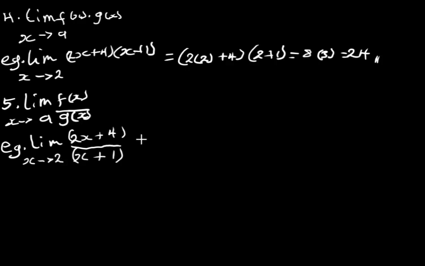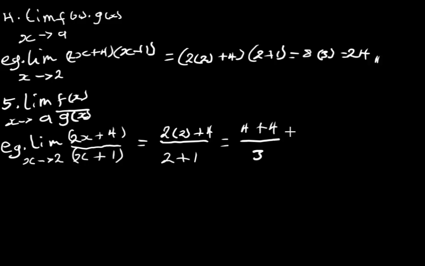So here the same way we are going to plug in 2 into the functions. So it's going to be 2 bracket open 2 plus 4, all divided by this x, so we place 2. It's going to be 2 plus 1. So here 2 by 2 is 4 plus 4, all divided by 3.